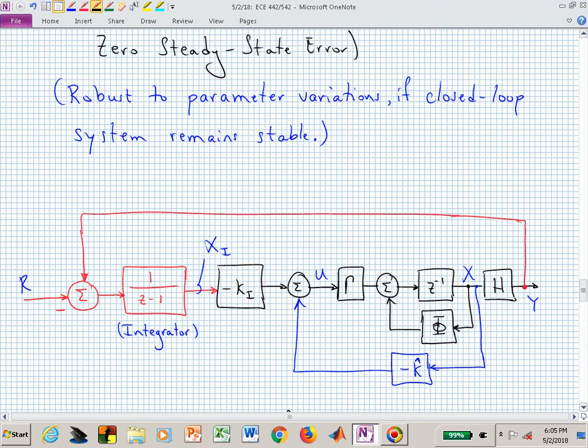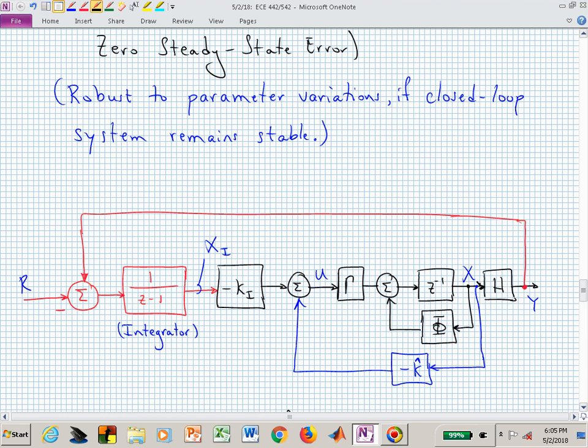Here's the block diagram for that. Most of the black here is the original system that just governs the open loop behavior. We changed the system's behavior with, and now this is not our original K, this is K hat, because I've actually introduced some more dynamics via this integrator.